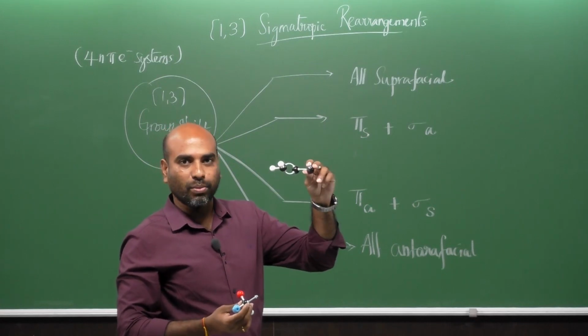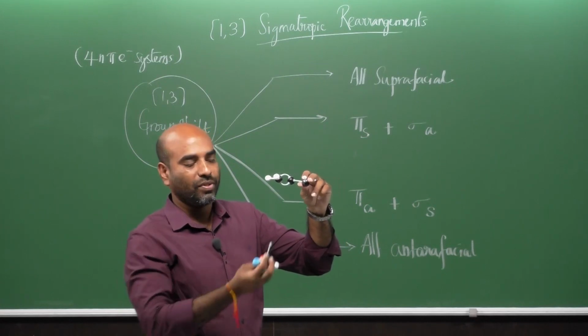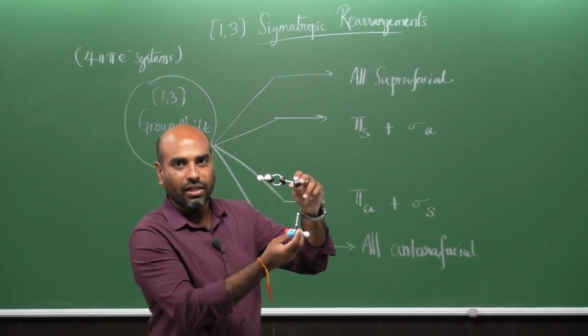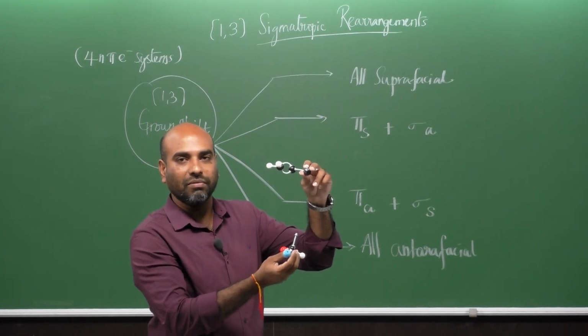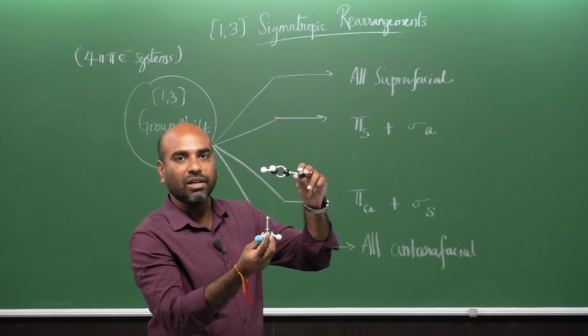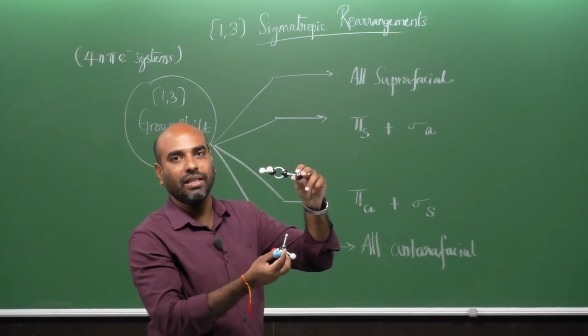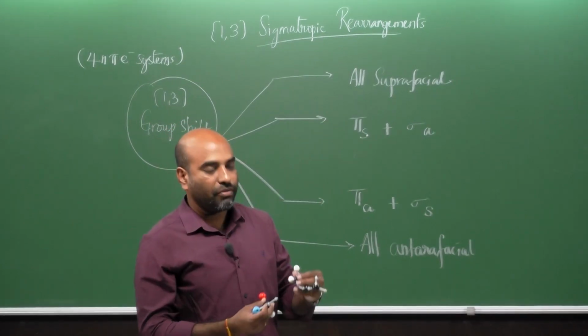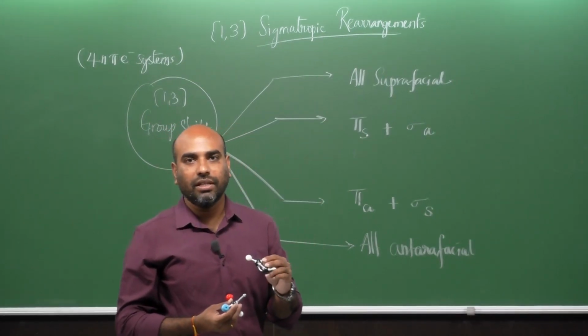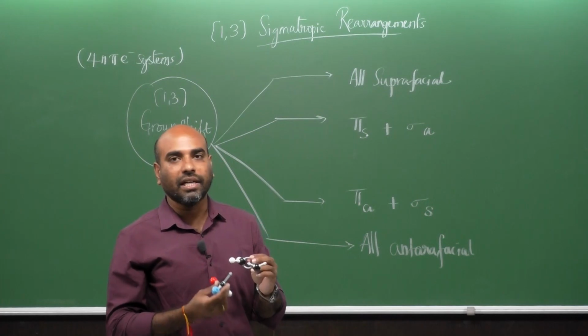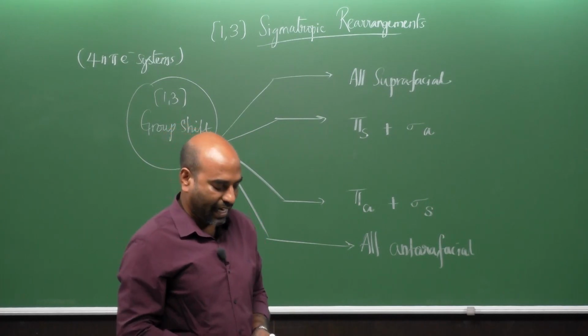So suprafacial with respect to the pi system and suprafacial with respect to the carbon center, or suprafacial with respect to the pi center and antarafacial with respect to the carbon center, or the reverse, or both being antarafacial. If both are antarafacial, that is the geometrically least preferred mode of reaction. Okay.